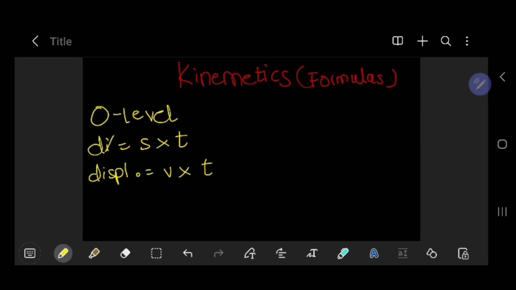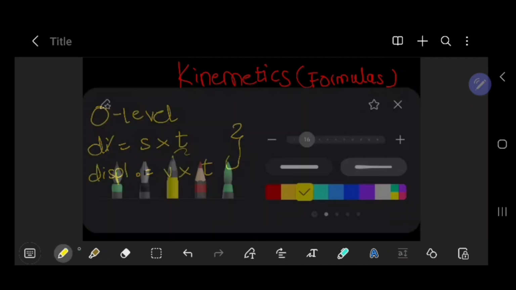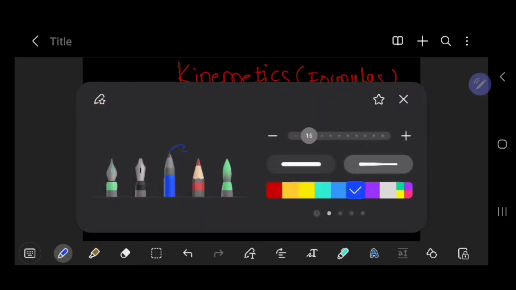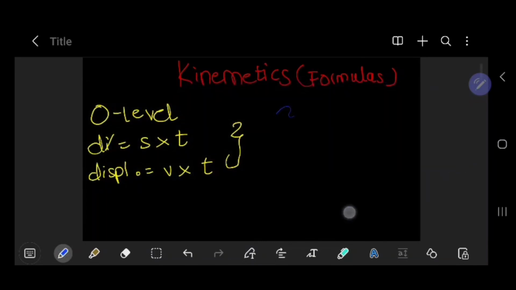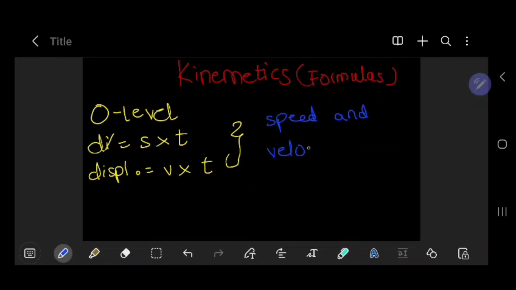Okay, so there's a condition when we use these formulas, and that is that they will be only used when the speed and the velocity are constant. Please bear with me with my handwriting because I'm working on my phone.